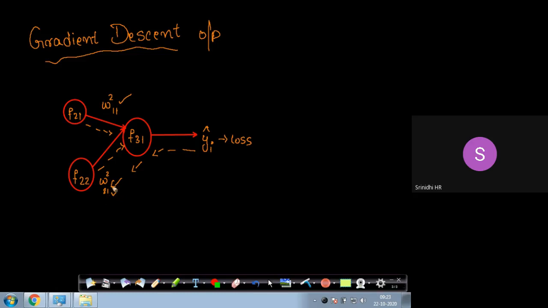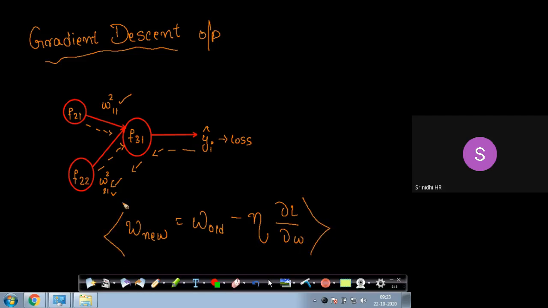How do I update them? This is my question. For this I have a formula: w new is equal to w old minus eta times the derivative of L with respect to the derivative of the weight, dL/dw.